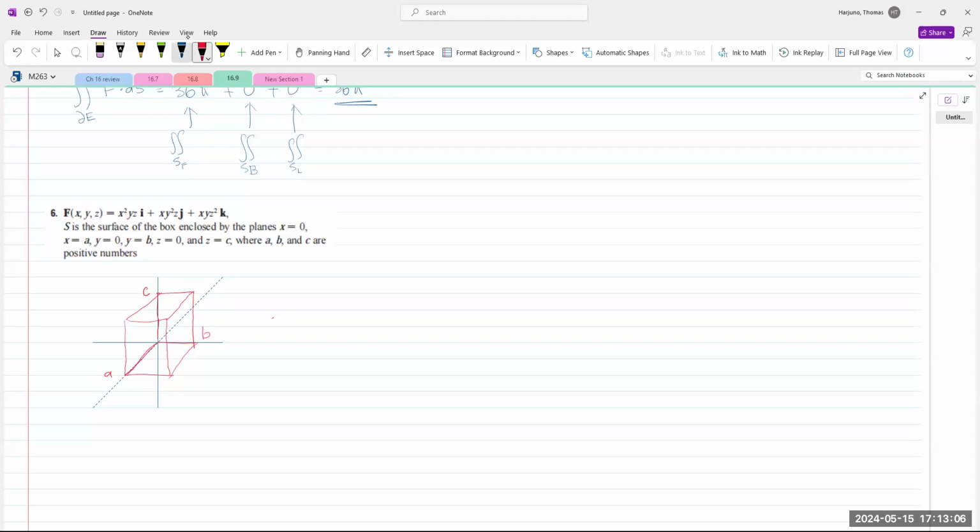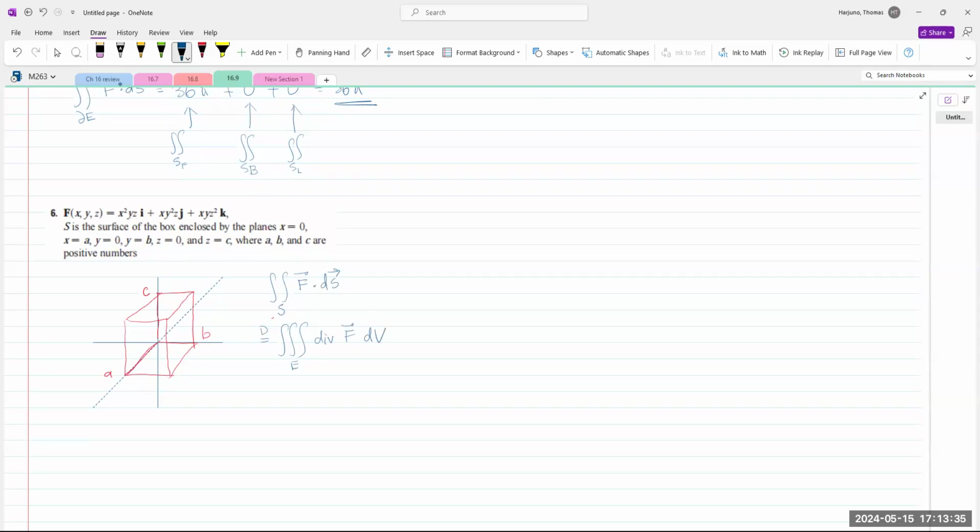And the question is, compute the double integral over the surface of this solid S of f dot dS. According to the divergence theorem, this is the triple integral over solid E of divergence of f dV.